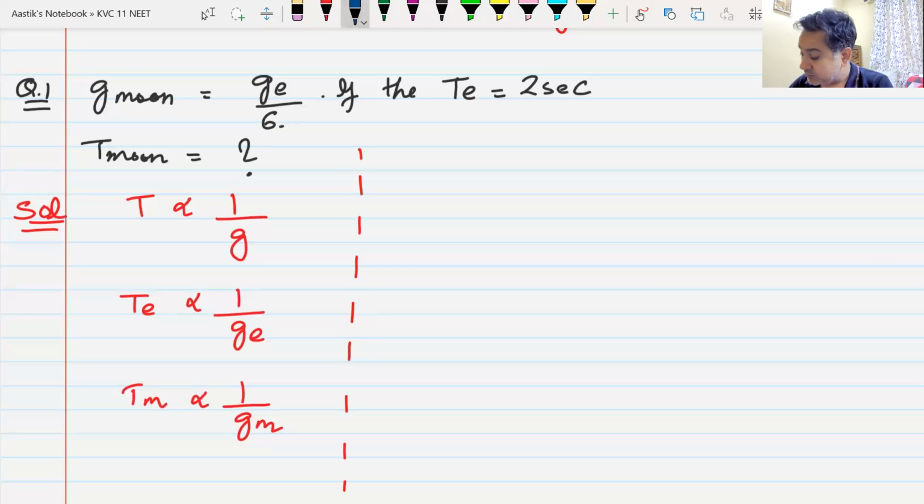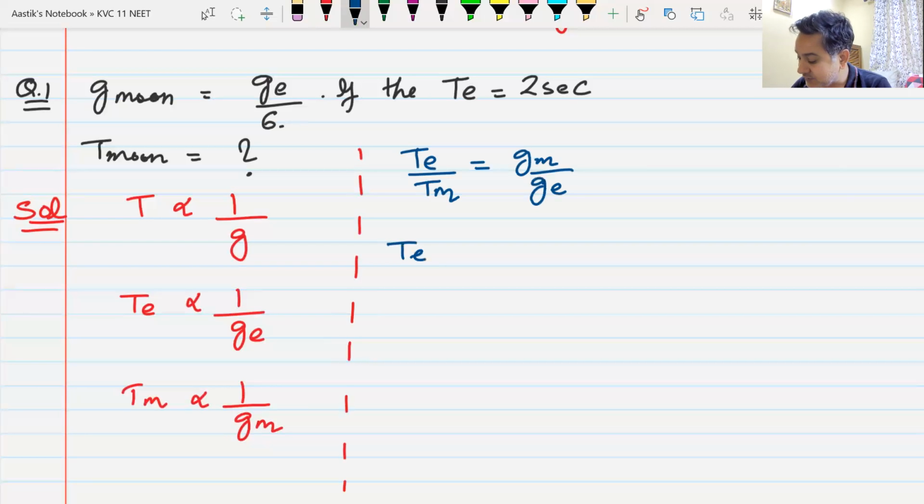I divide both. So time of flight on Earth divided by time of flight on moon will be 1 by GE divided by 1 by GM. So it will become GM, gravity on moon, divided by gravity, acceleration due to gravity on Earth.